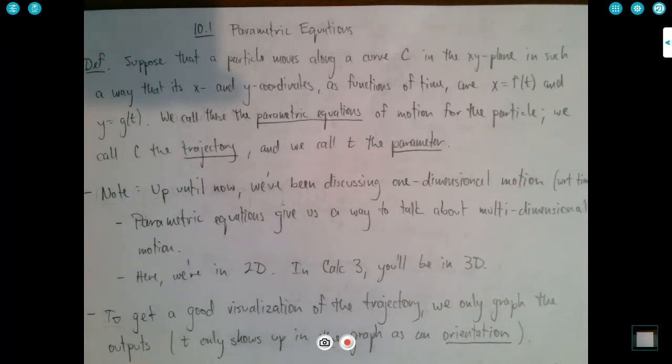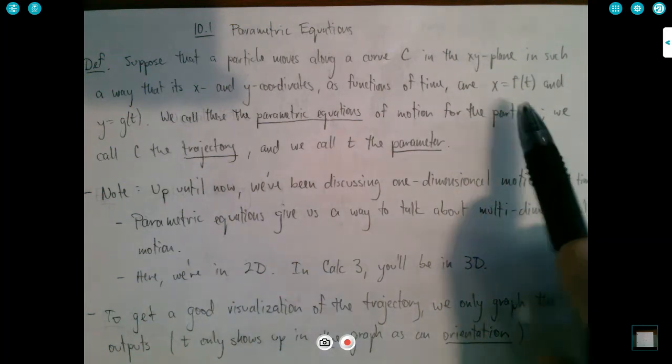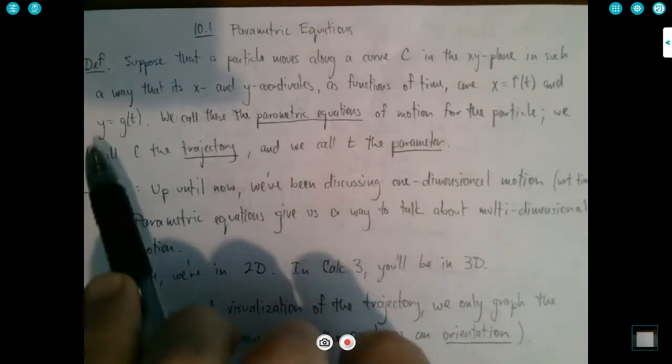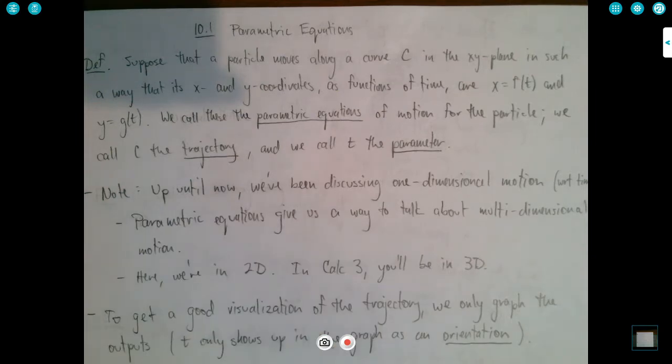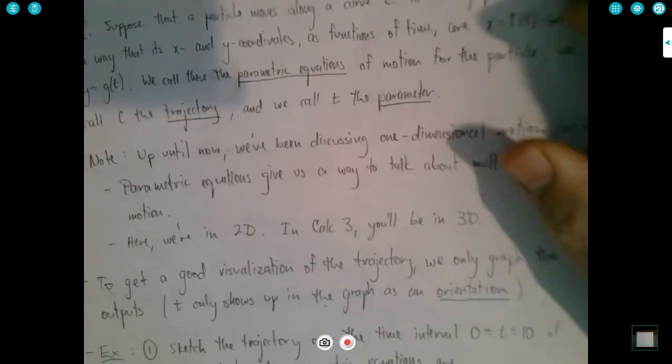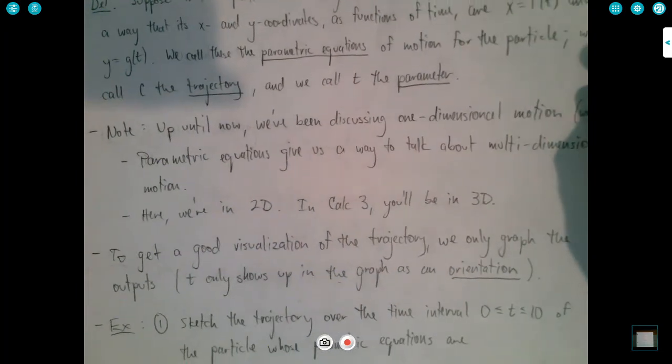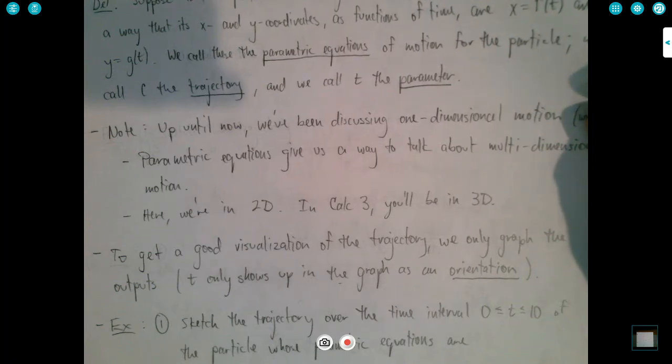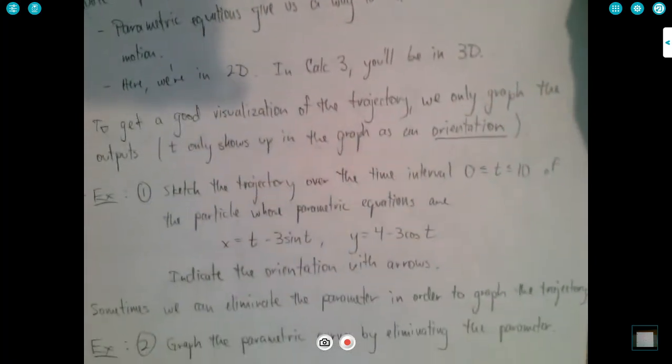Well, when we graph parametric equations, we don't really graph time anymore. We just graph the outputs of the individual functions along the x-axis and along the y-axis. And so the time dimension doesn't really show up in the graph except as an orientation. So t only shows up in the graph as an orientation. I'll show you what that looks like as we look at an example.